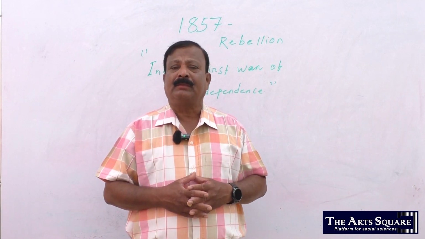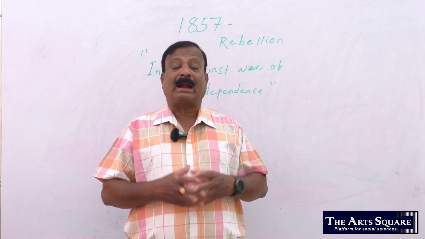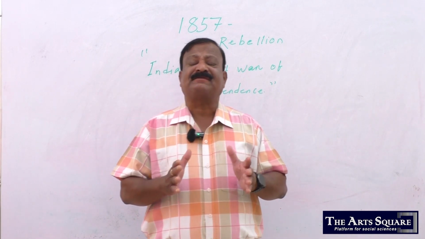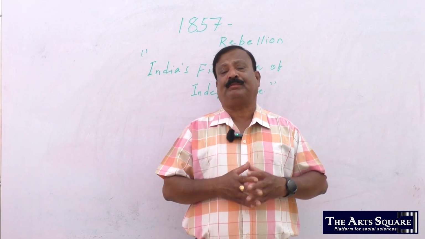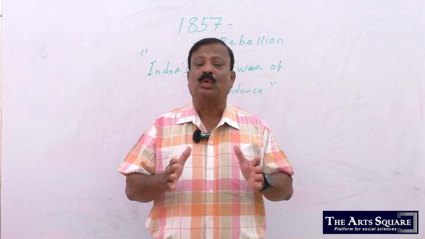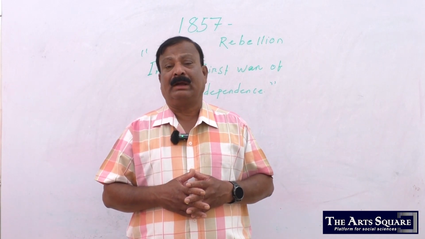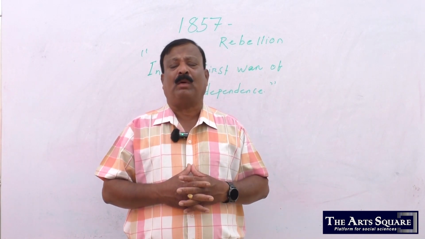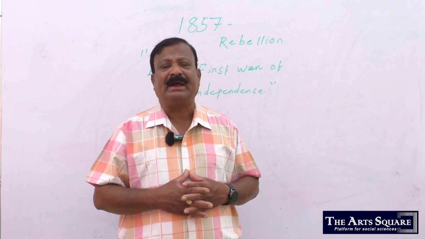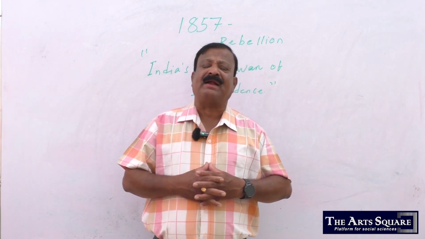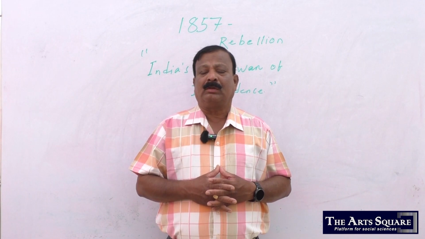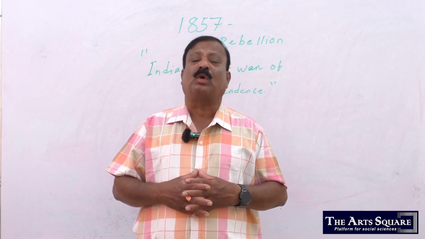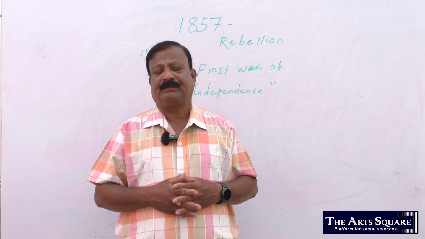And Lord Clive wondered how it was possible, because there were as many as 500 rulers in India, and they had enough army power. For example, 50,000 elephants, more than 1 lakh horses, 30,000 soldiers, like this.